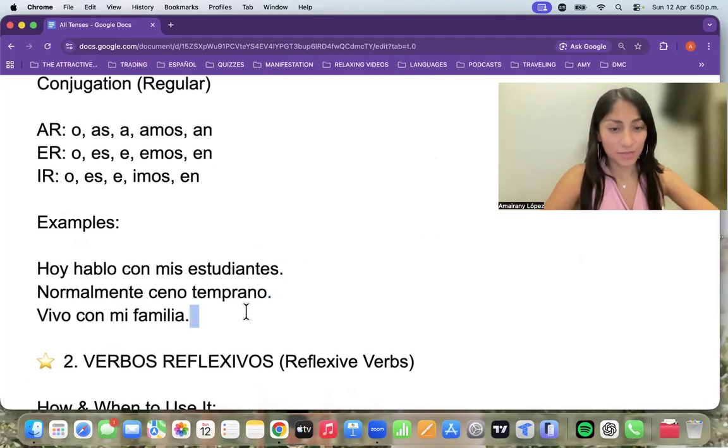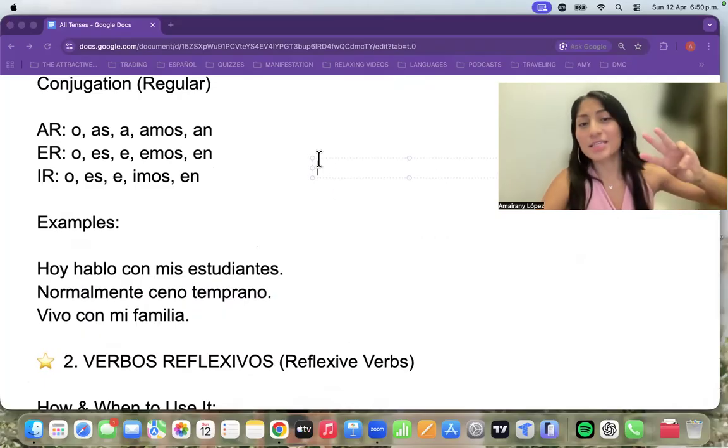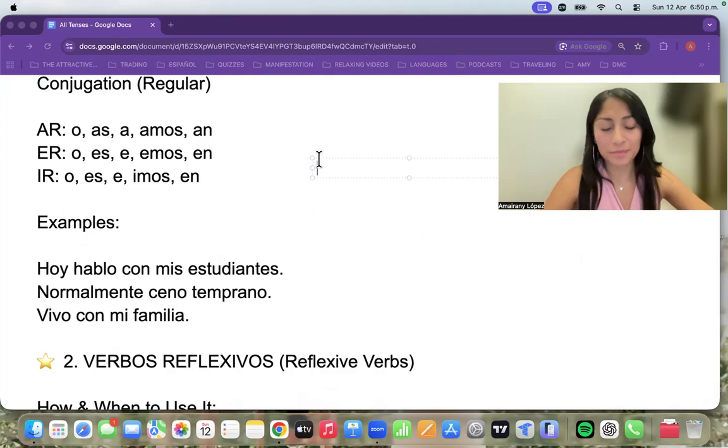Now, I told you that I'm going to give you some homework. So your homework to practice all these different verbs is going to be to talk about three things that relate to your life.